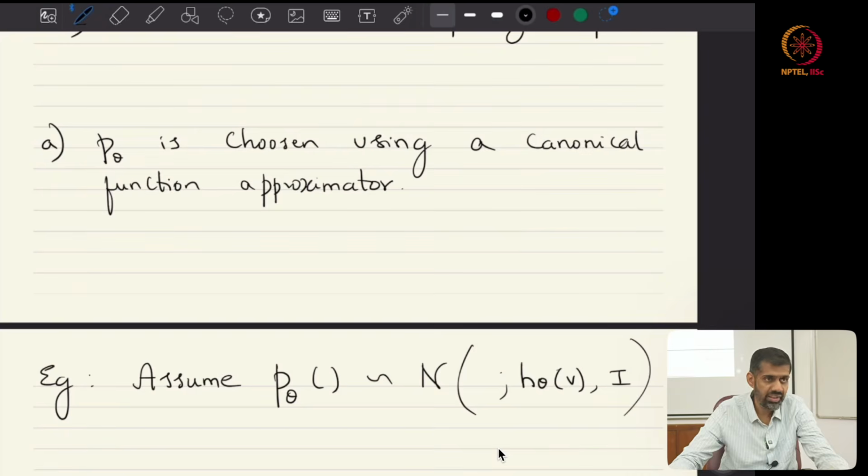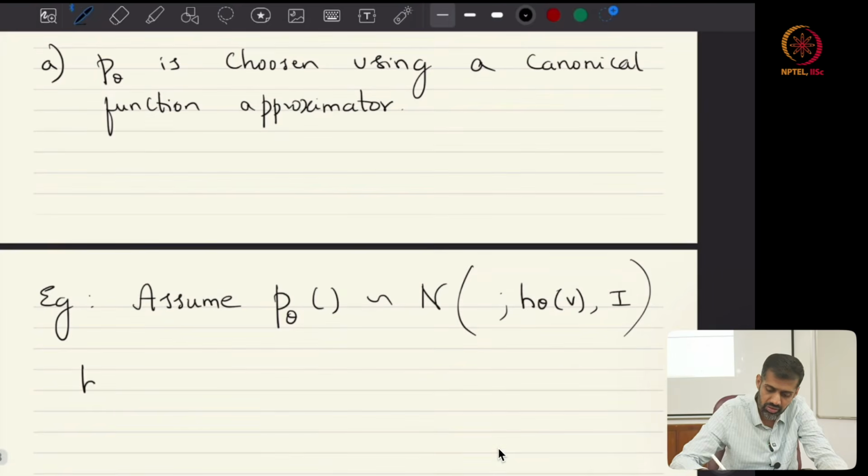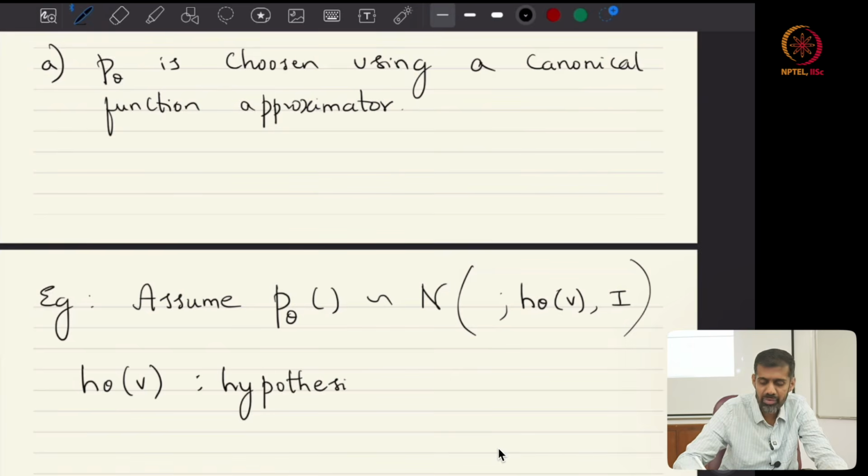So you designate the parameters to this canonical function h of x. This h of x typically is referred to as the hypothesis function or the model. Again, these are nomenclature differences. Some people call this hypothesis, some people call h theta as model or p theta as model, but it doesn't matter. Hypothesis function or model function.